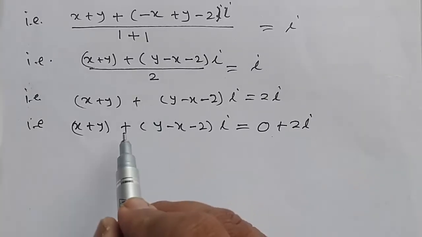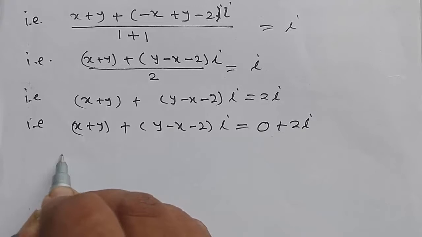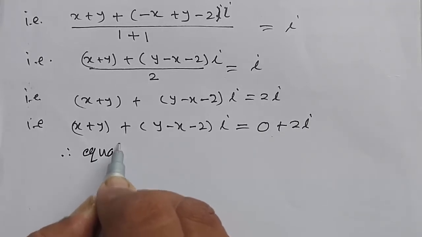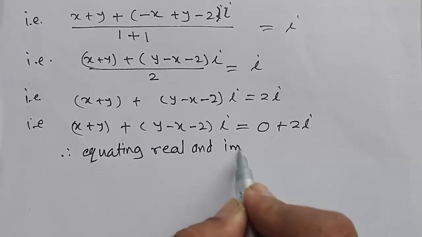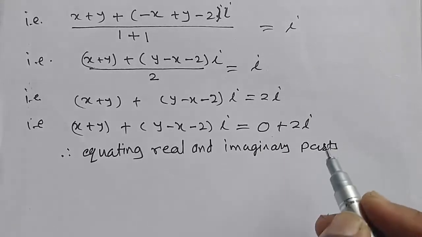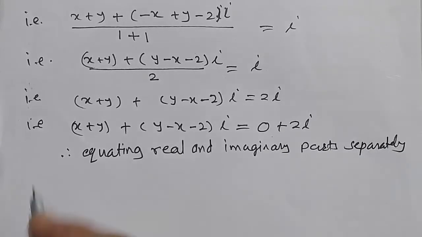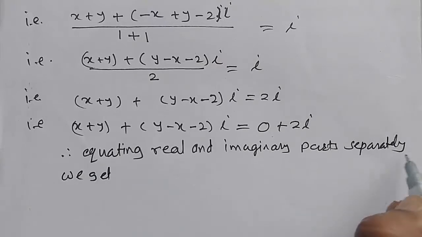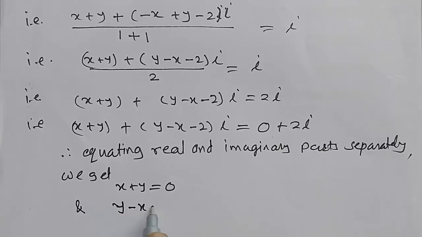Now, by equality of two complex numbers, real with real, imaginary with imaginary, equating real and imaginary parts separately, we get x + y = 0 and y - x - 2 = 2.